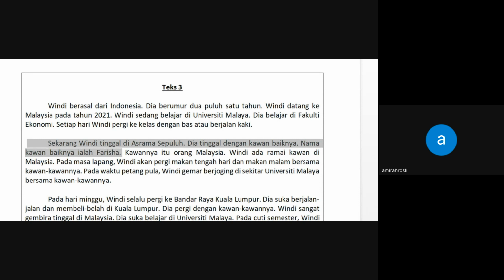Dia tinggal dengan kawan baiknya. Nama kawan baiknya ialah Farisha. Got it? Okay. So this is how you guys are going to read or pronounce in Malay language.